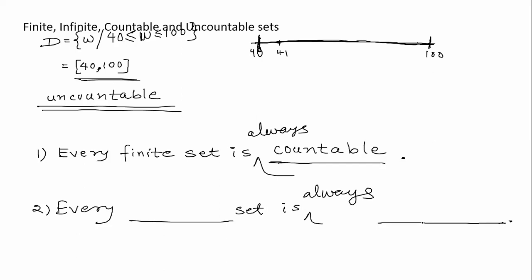If we have a set, it will be finite or infinite, or countable or uncountable. We have made one statement: every finite set is countable. Tell me another that will always be true. Every infinite set is uncountable.